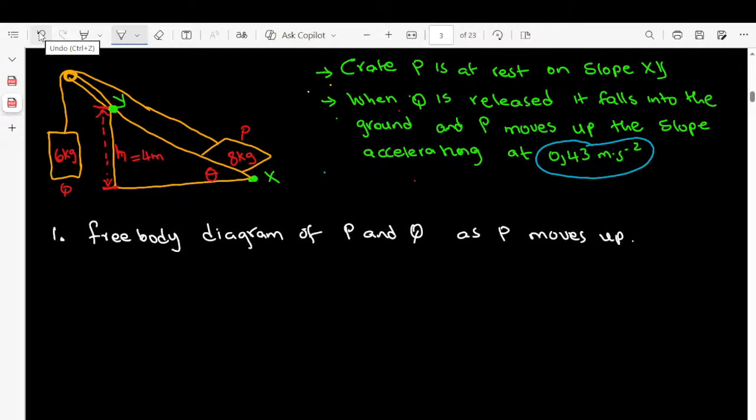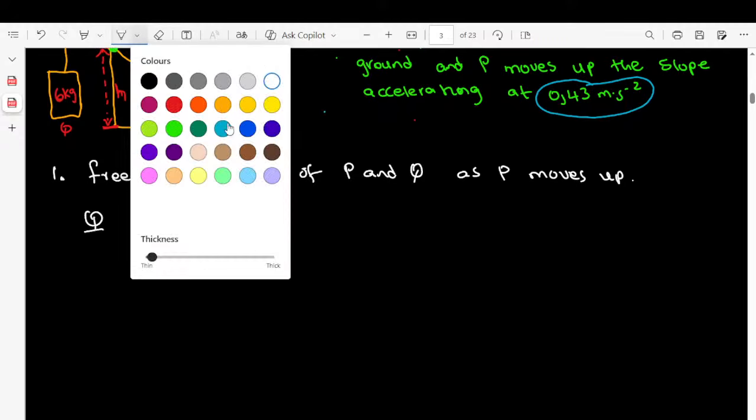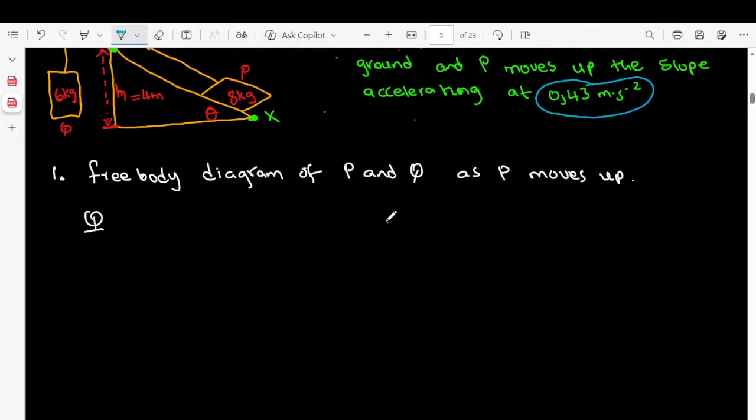Q is hanging. Look at Q. Q is hanging, so it's easy for us to do the free body diagram of Q. I'm going to draw the free body diagram for Q. How many forces are acting on Q?